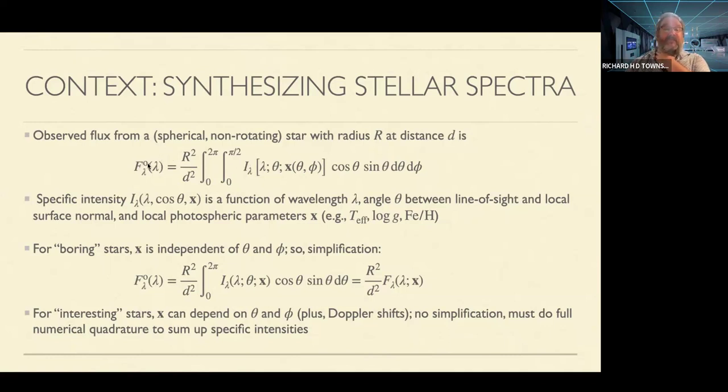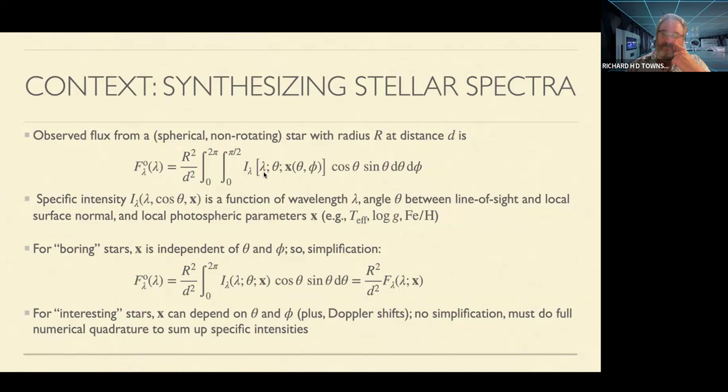The observed flux here on Earth is a dilution factor, the ratio of the stellar radius squared over the distance squared, times this two-dimensional integral over the visible hemisphere of the star of the specific intensity with some weighting factors. The specific intensity depends on wavelength, the angle between the line of sight and the local surface normal, and the local photospheric parameters, which I've written generically as a vector x. That vector may have components comprising the effective temperature, the surface gravity, the metallicity, maybe some microturbulent stuff, maybe some alpha enhancement.